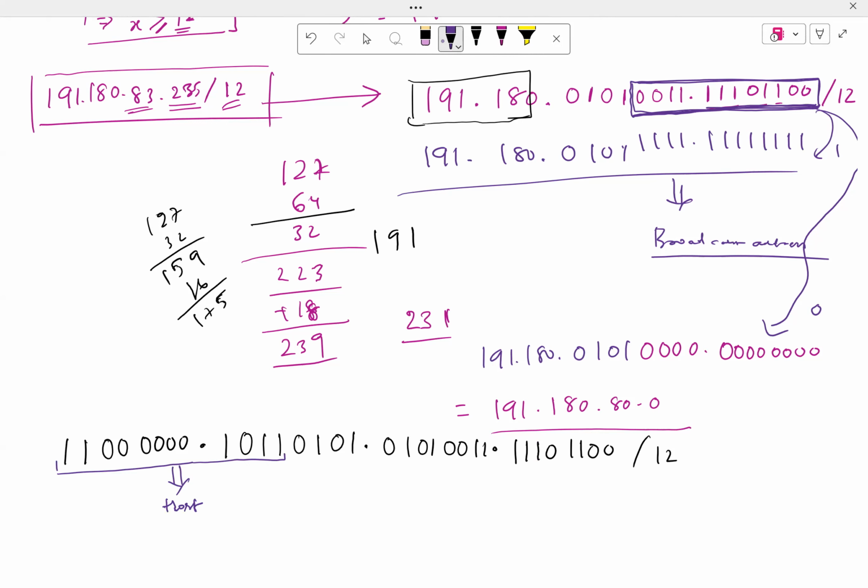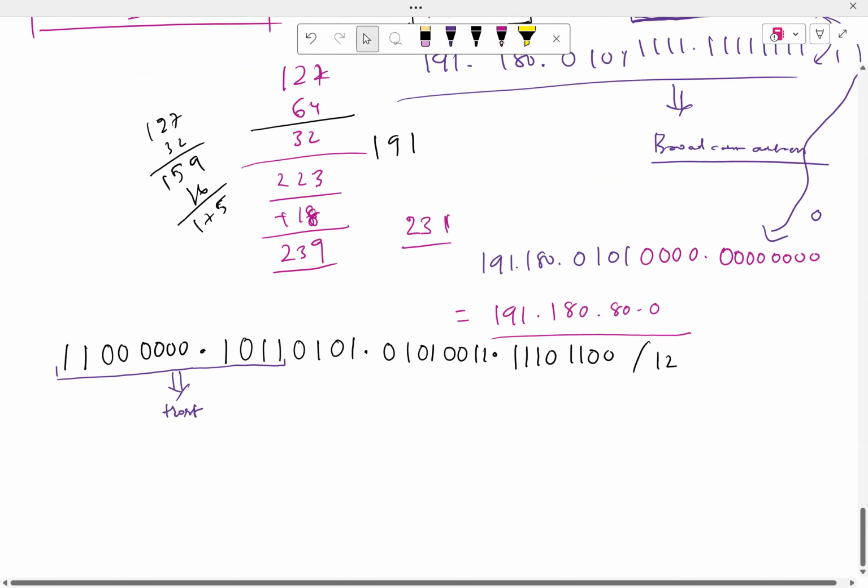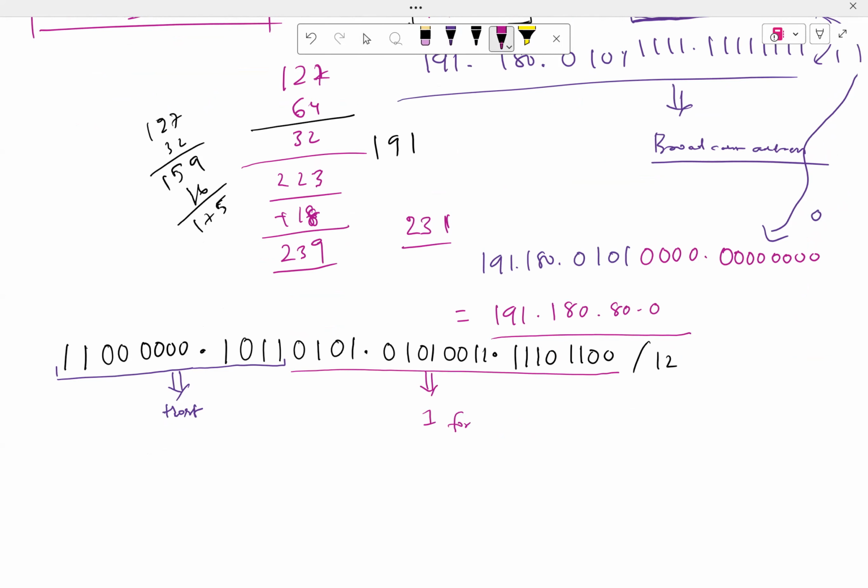Okay. To get the broadcast address, you put all as 1 for broadcast. That will be 1100 dot 1011. Then all 0 dot all 0 dot all 0. That will come out to be 191.